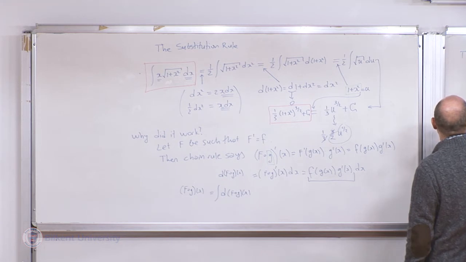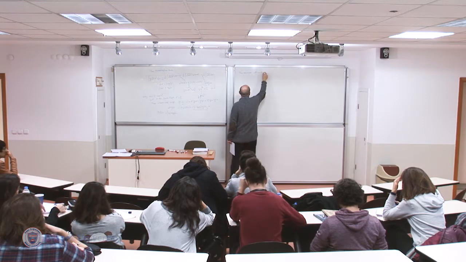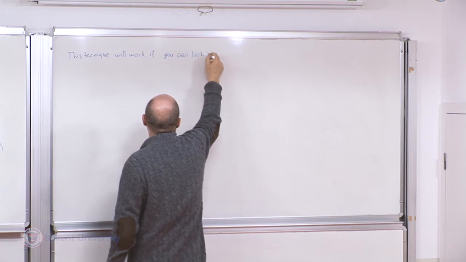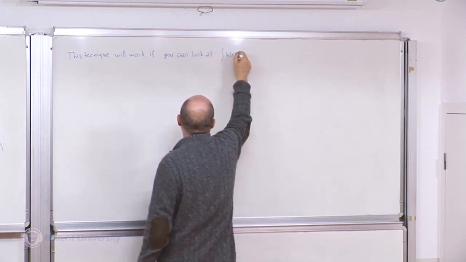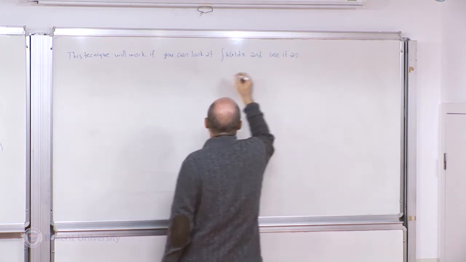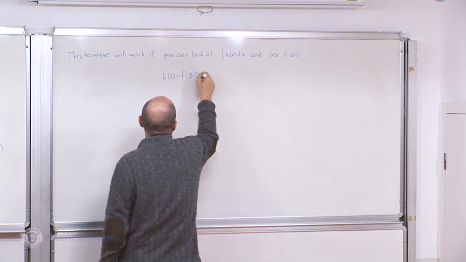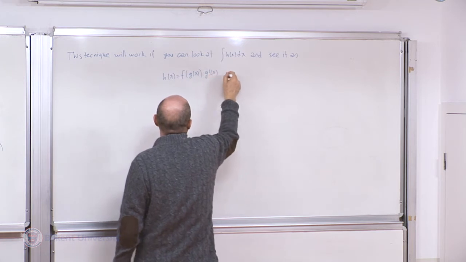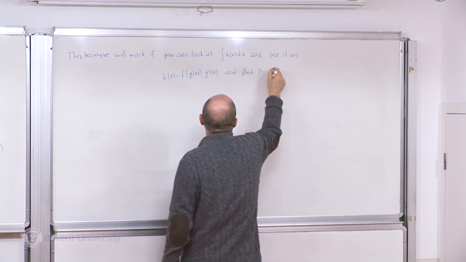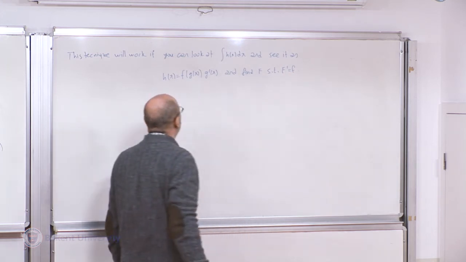This technique will work if you can look at the integral of h of x dx and see it as h of x equals f of g of x times g prime of x, and find F such that F prime is equal to small f.